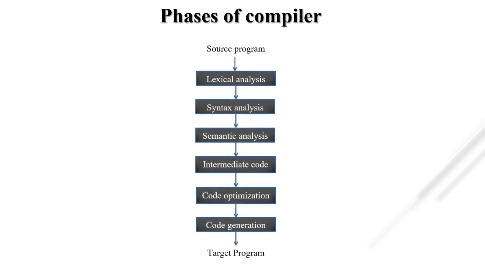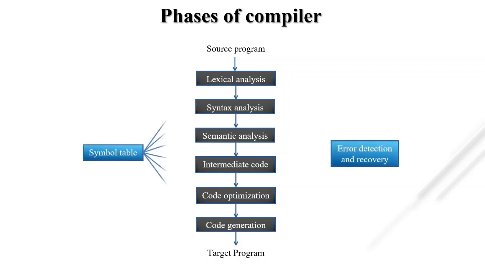These are the phases of compiler where the source program is translated in these 6 phases one by one to produce the target code. We will see all these phases one by one by taking one statement. Here symbol table gets the information of variables and stores it, with attributes like address, type, and size of the variable.